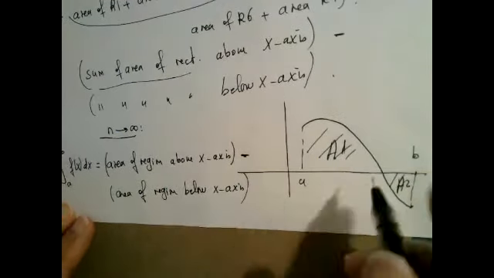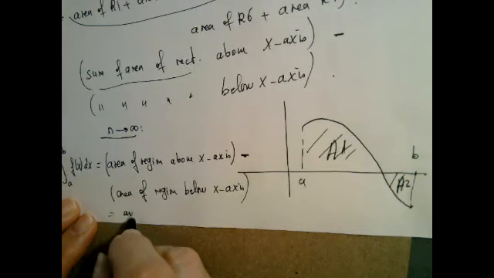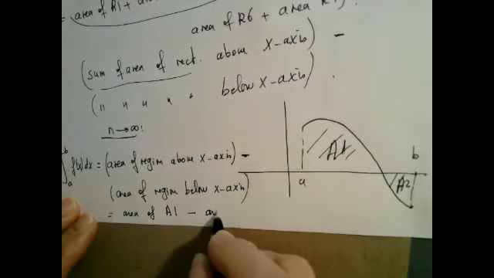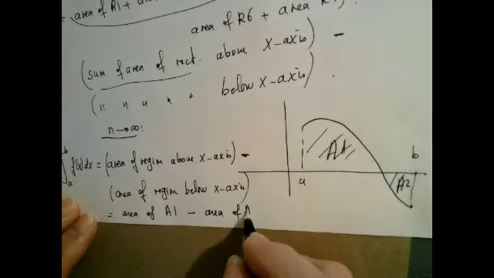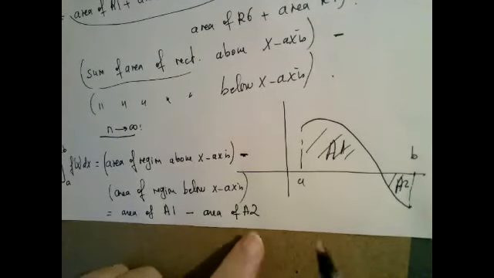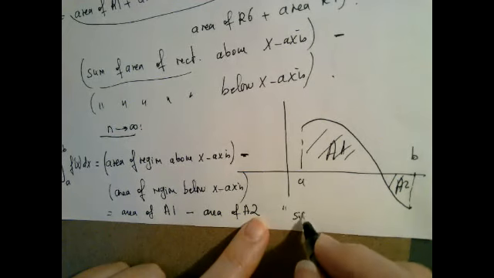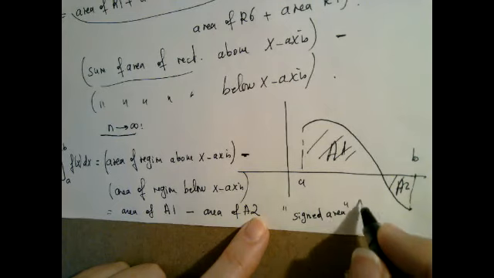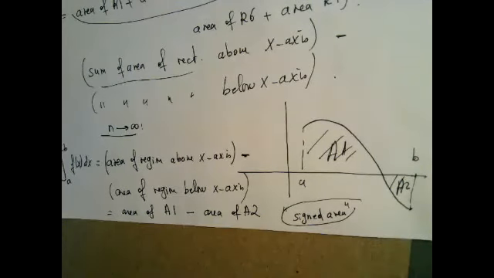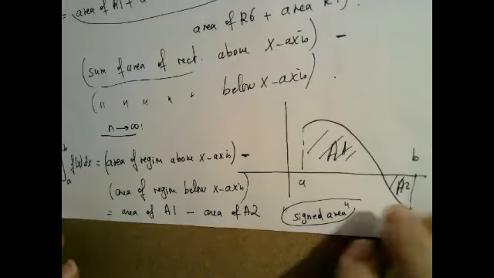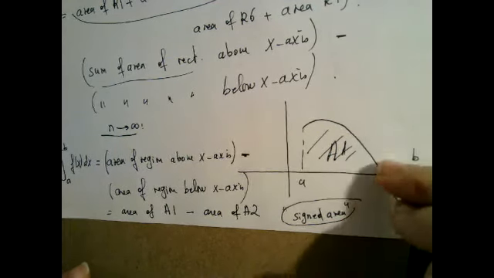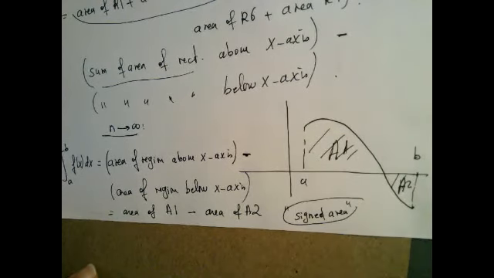So in my picture, it's the area of A1 minus the area of A2. Sometimes we call this signed area. Don't worry about that word, but you will sometimes see it, because the definite integral is not the area. If the function takes positive and negative values, it's the area above minus the area below. So the definite integral can very well be a negative number.